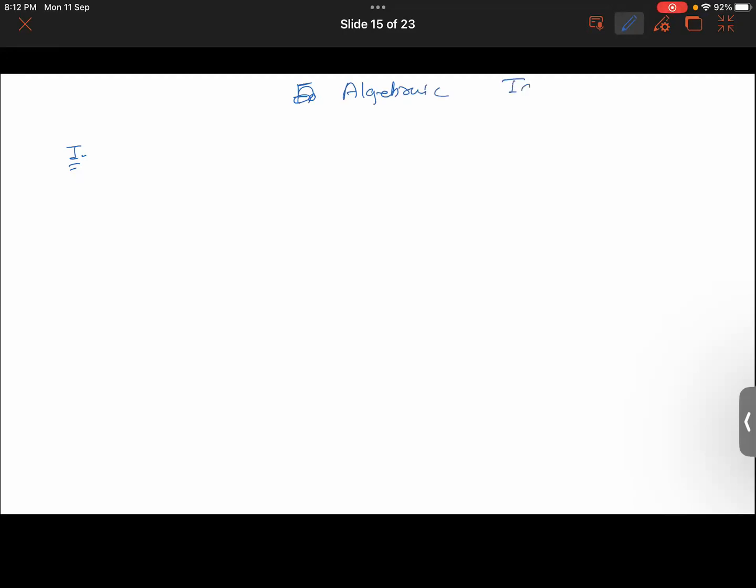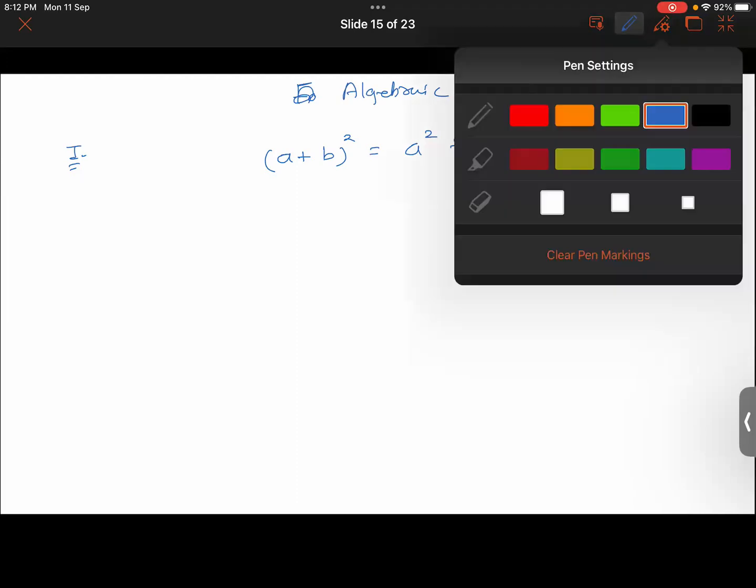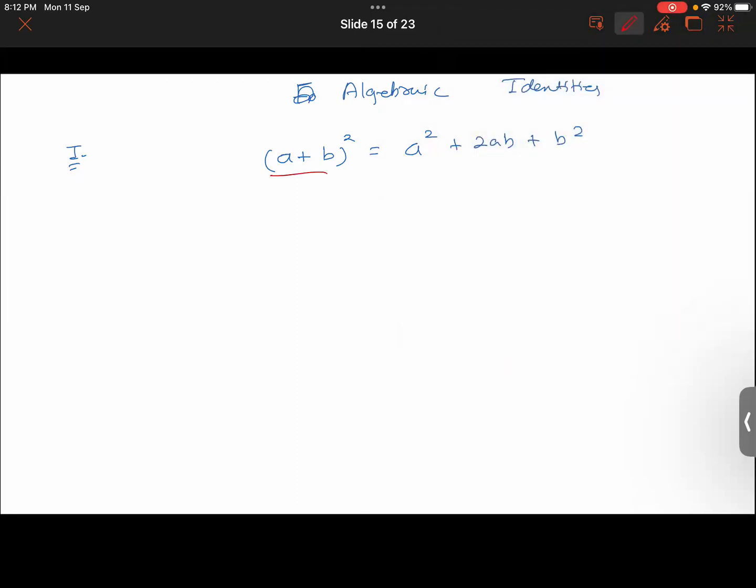Algebraic identities. So there are some of the algebraic identities. For example, if variables a and b are being added and then squared, it can also be written like this: a square plus 2ab plus b square. You will ask, sir, how can we write it like this?